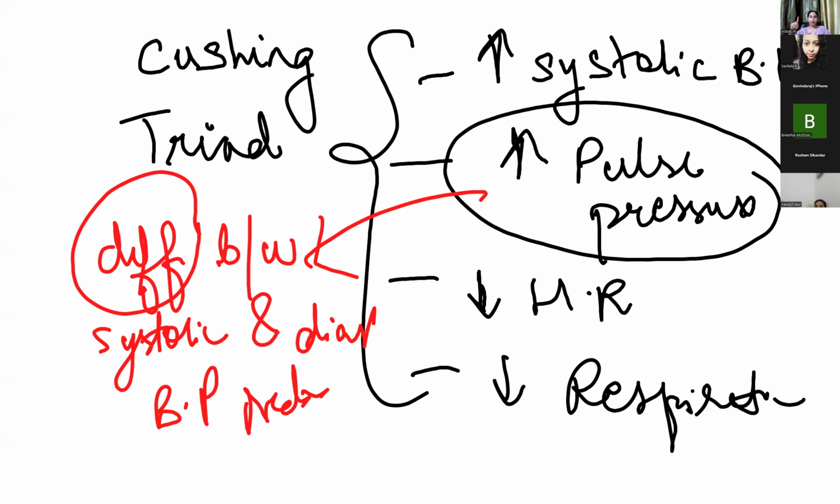Okay, now, let me give you. Systolic and diastolic pressure has a difference. That difference is 40. Our normal pulse pressure is 40. Pulse pressure means systolic blood pressure minus diastolic blood pressure.